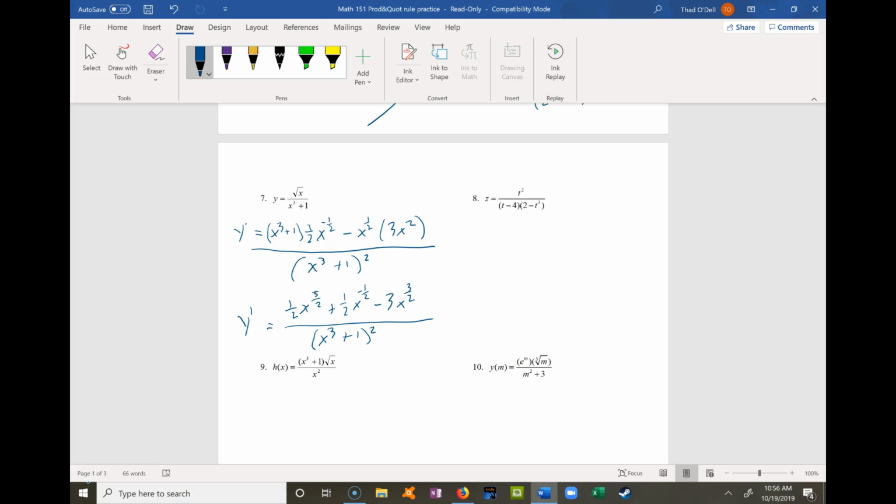Okay, and then number 8, again, I can't avoid the quotient rule on this one. However, I think I would multiply that bottom out first, so I'm going to write this as t squared on top, and on the bottom, I'm going to have 2t minus 8 minus t to the fourth plus 4t cubed.